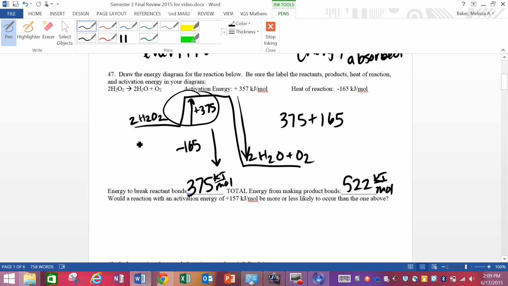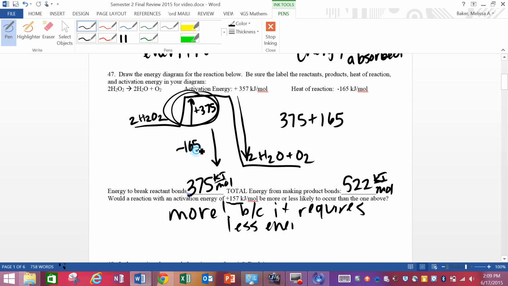Would a reaction with an activation energy of 157 be more or less likely to occur? Well, that's less energy than it takes this one to occur. So it would be more likely to occur because it requires less energy to break the bonds.